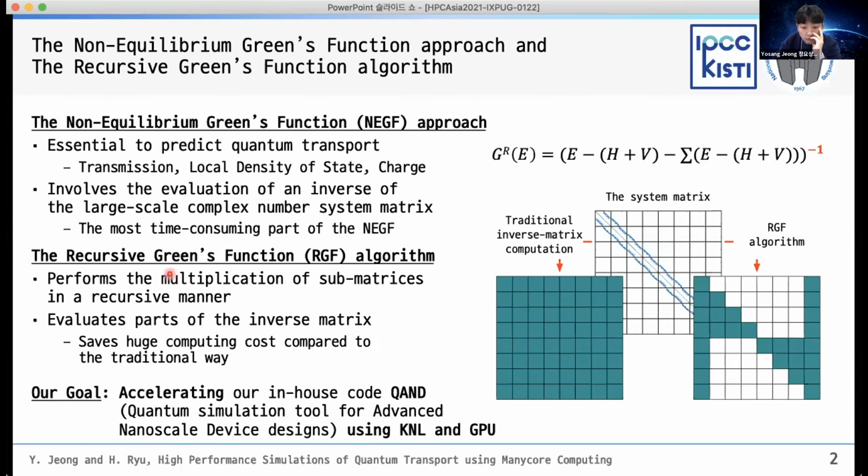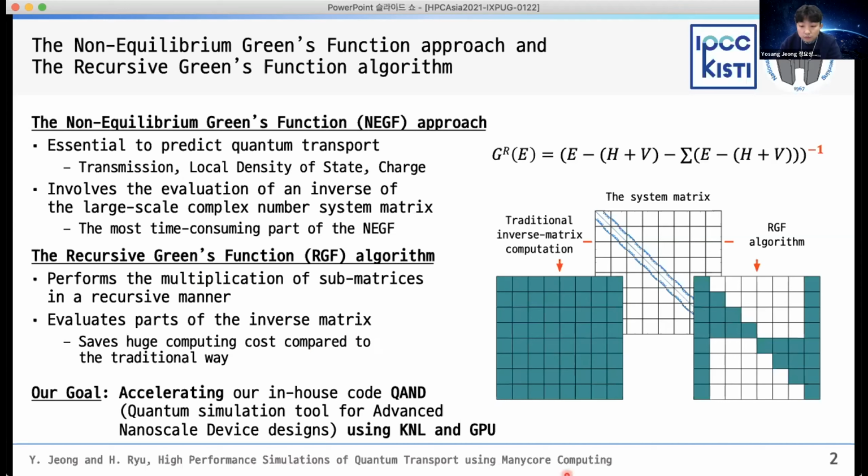In the NEGF approach, the recursive Green's function algorithm is used to perform the matrix inversion instead of traditional inverse matrix computation. This RGF algorithm performs the multiplication of submatrices of a system matrix in a recursive manner.